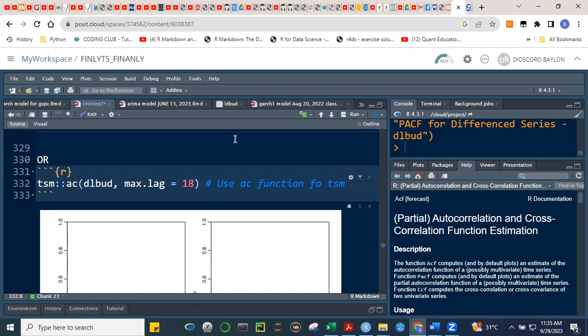Okay, so could you kindly chat, please, if you were able to run this code? I'd like to check and see. Kindly chat, please, if you were able to follow along with this TSM package, yung AC function niya. Kindly chat, please. Okay, thank you.